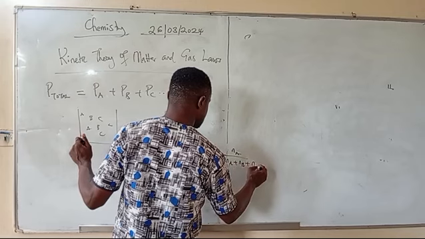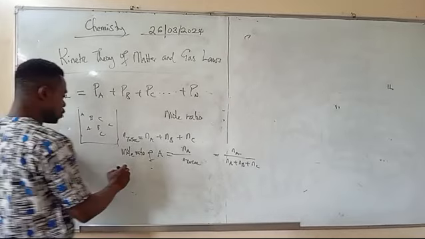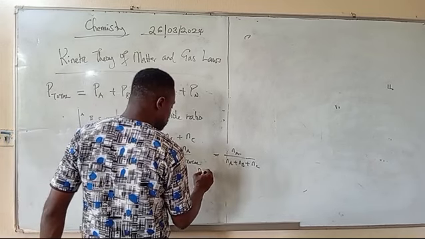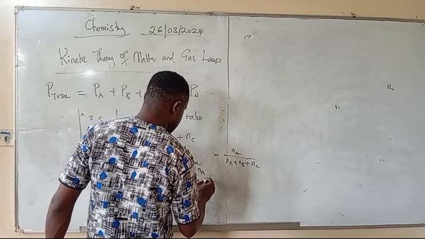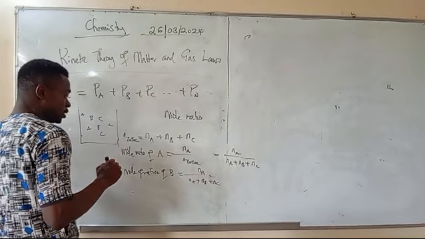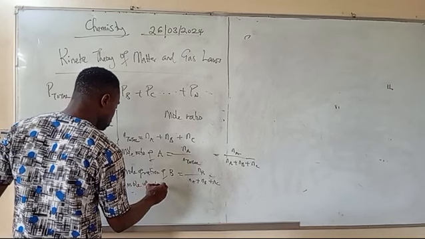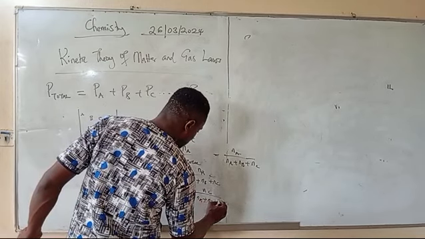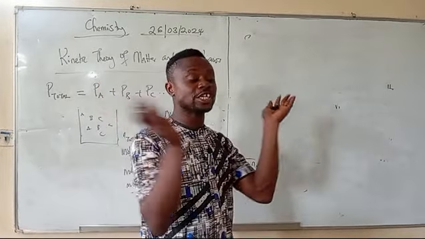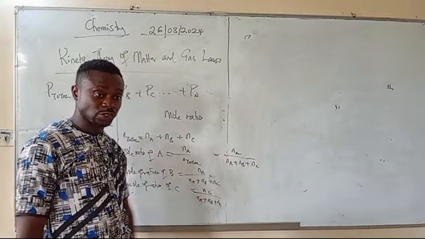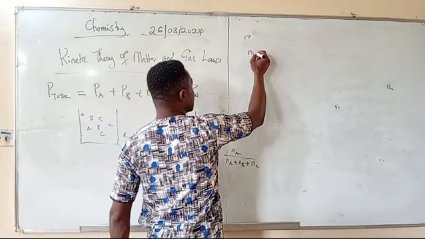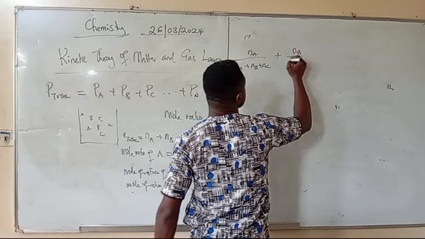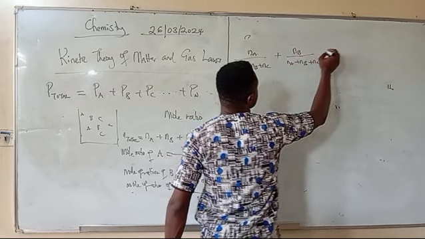We have nA over nA plus nB plus nC, plus nB over nA plus nB plus nC, plus nC over nA plus nB plus nC.